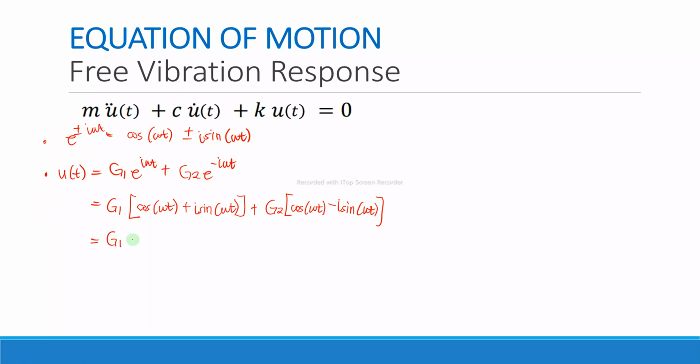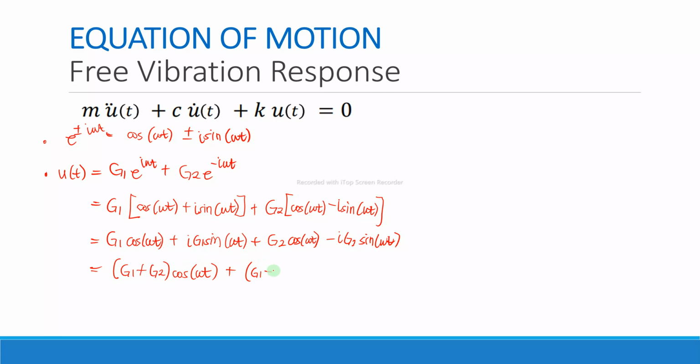We will have g1 cosine omega t plus I g1 sine omega t plus g2 cosine omega t minus I g2 sine omega t. Let's combine like terms. We'll have g1 plus g2 times cosine omega t, plus g1 minus g2 times I sine omega t.